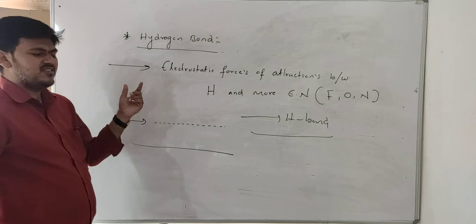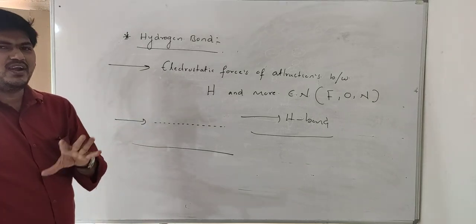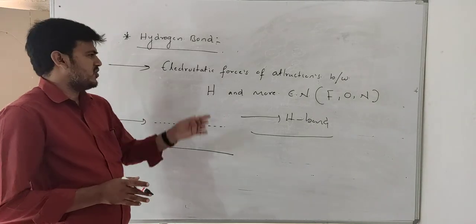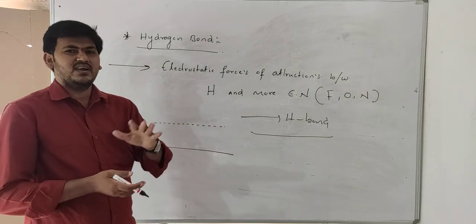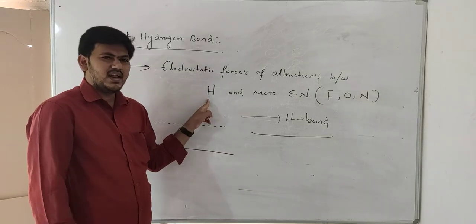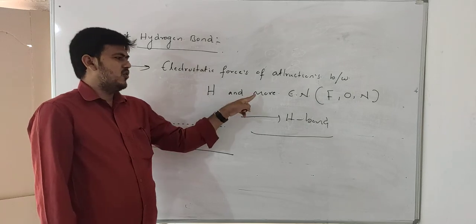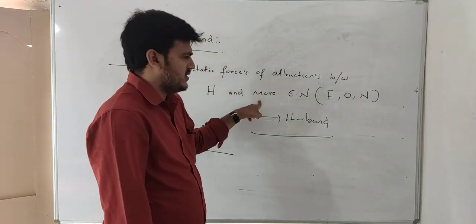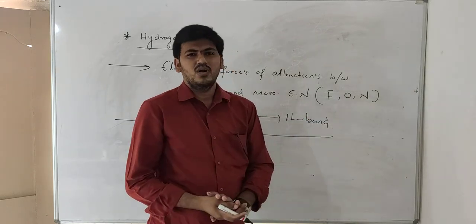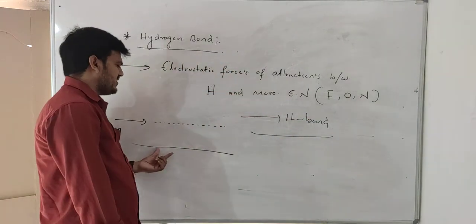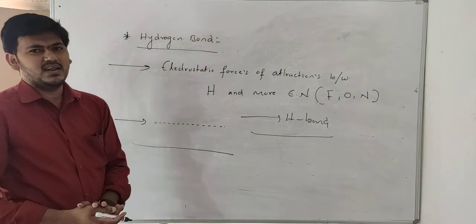Okay. So first of all, what is meant by hydrogen bond? Very important definition. The weak electrostatic forces of attraction between hydrogen atom and more electronegative atoms like fluorine, oxygen and nitrogen is called hydrogen bond. And it is represented by dotted lines.